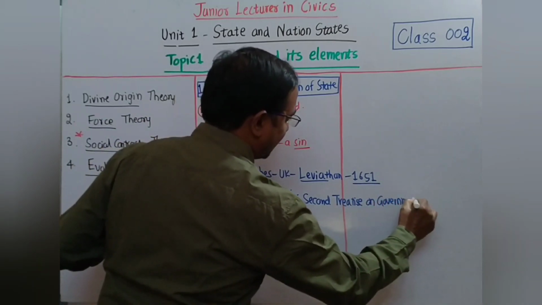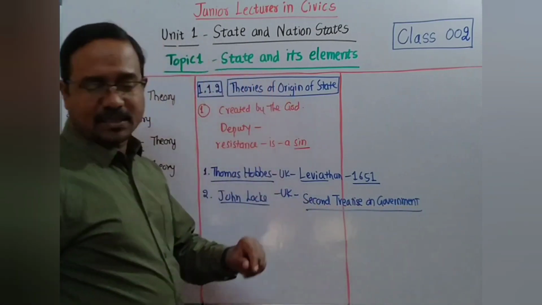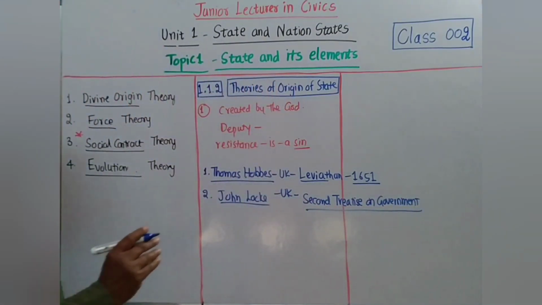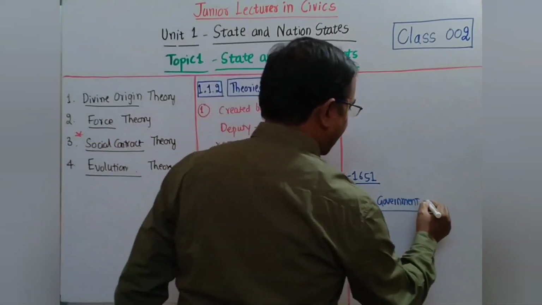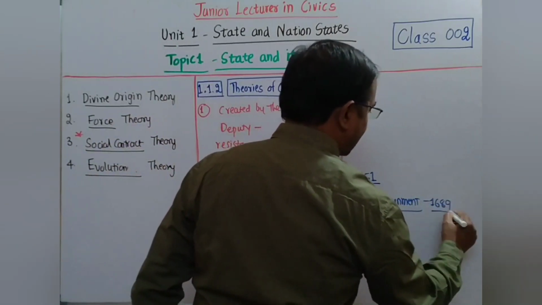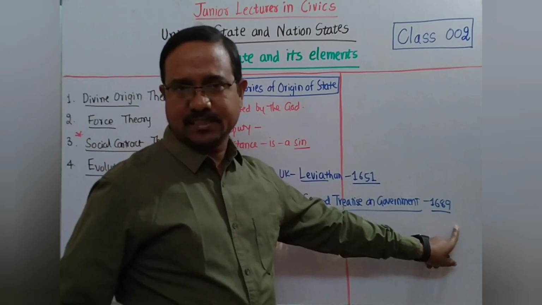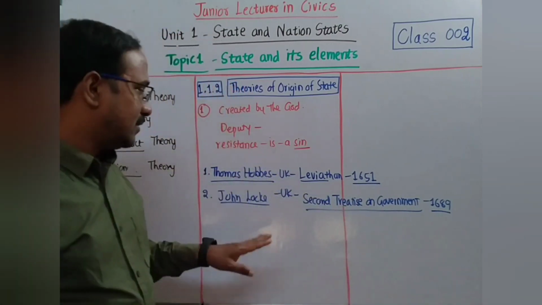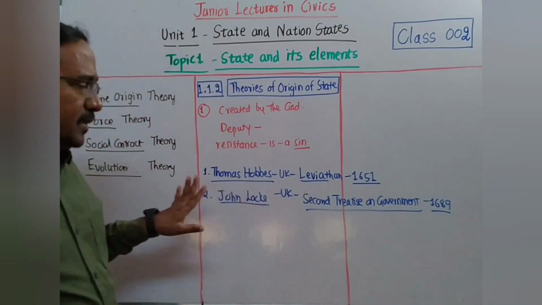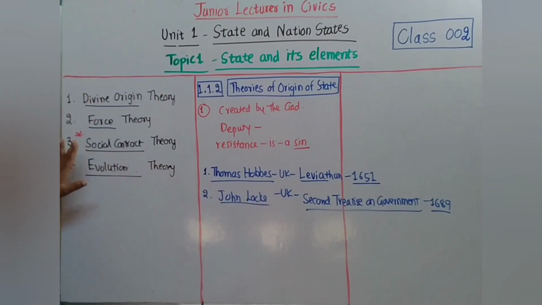This is his second book. It was published in the year 1689. You have to remember these years also. He was also a staunch supporter of the social contract theory.